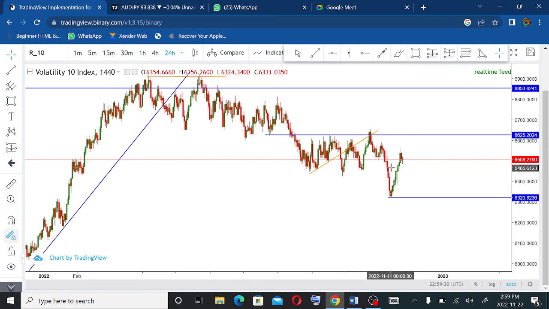Now, this is the higher time frame. On the higher time frame, we have a break of trend line. We're expecting more sell pressure, but this is market retracement.